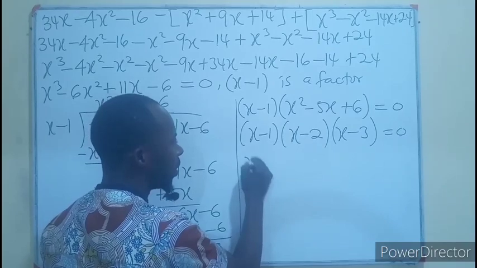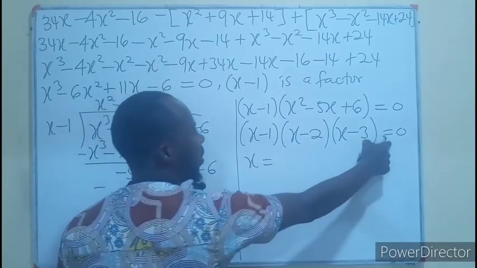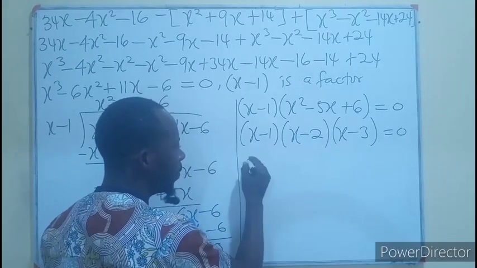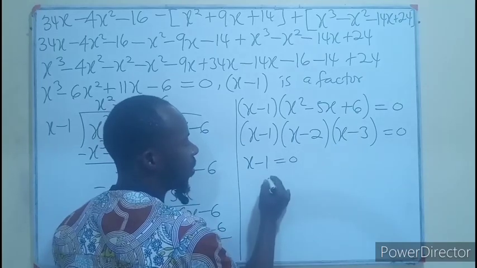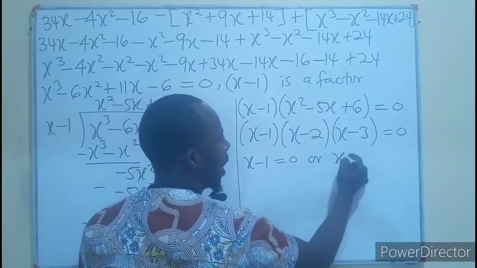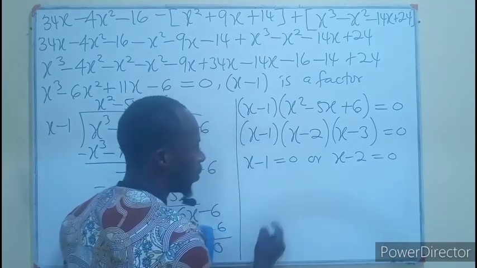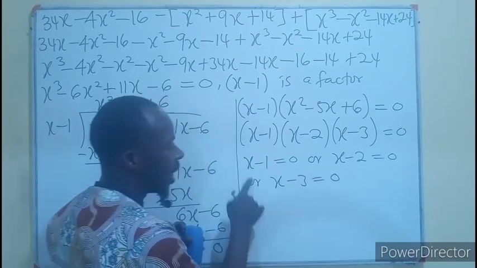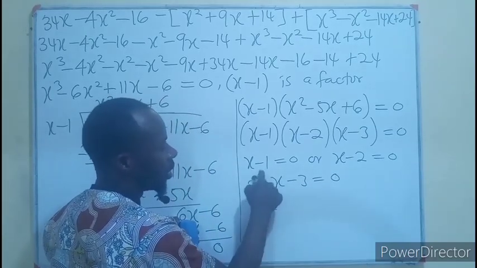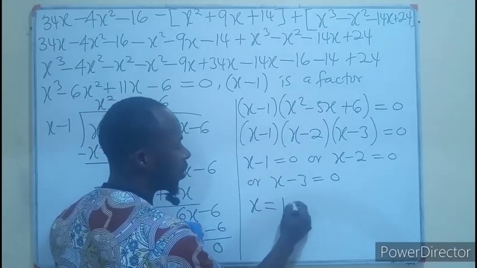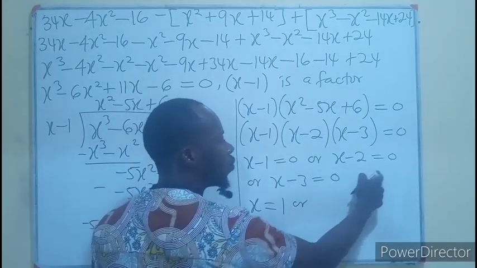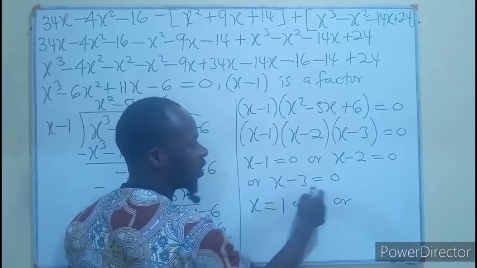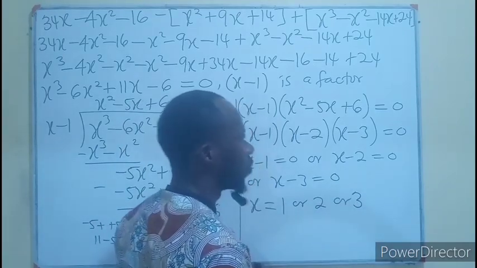So simply put, let's take it step by step. x minus 1 equals 0, or x minus 2 equals 0, or we have our x minus 3 equals 0. And in the case of this, x will be negative 1 transposed gives you 1, or negative 2 transposed gives you positive 2, or negative 3 transposed gives you positive 3.